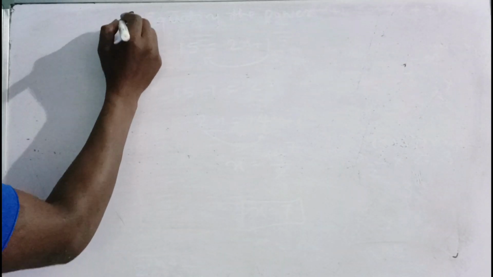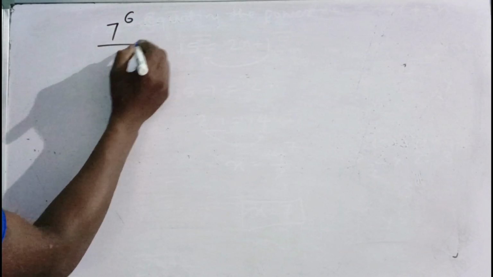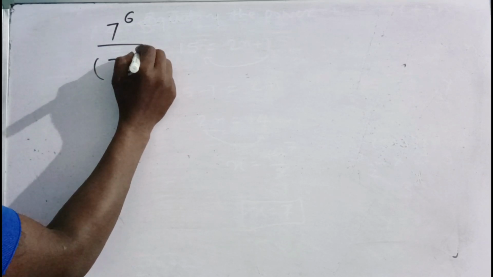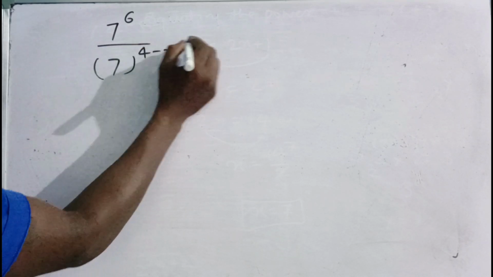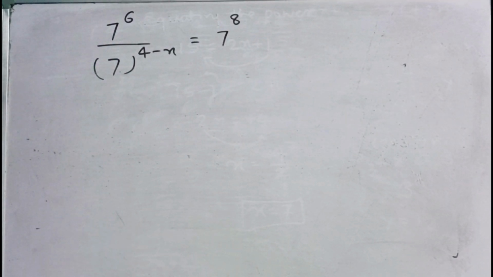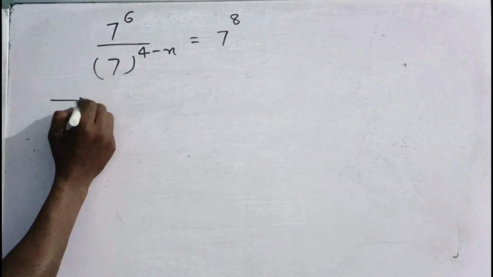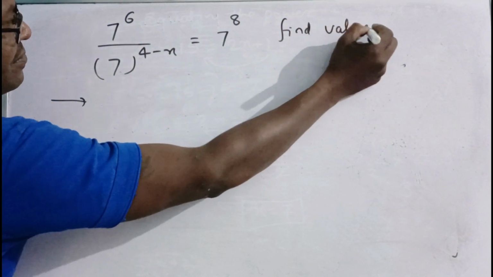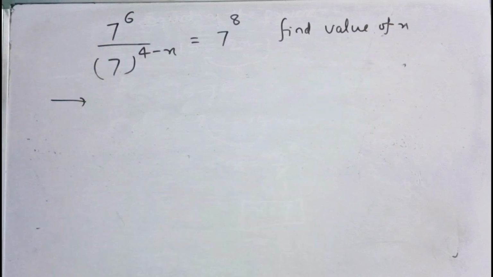7^6 divided by 7^(4 minus x) is equal to 7^8. Again, find the value of x.